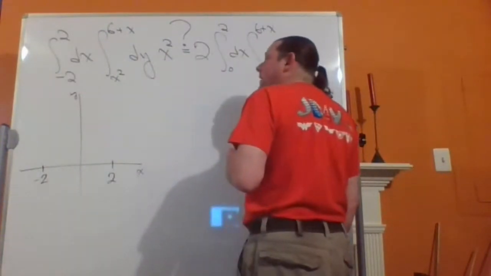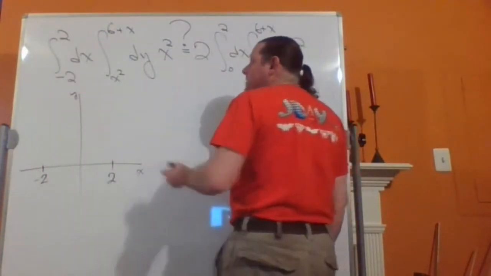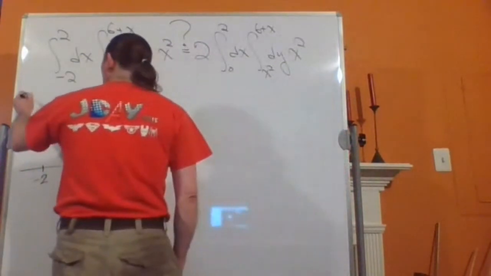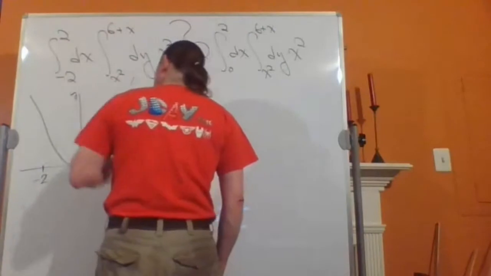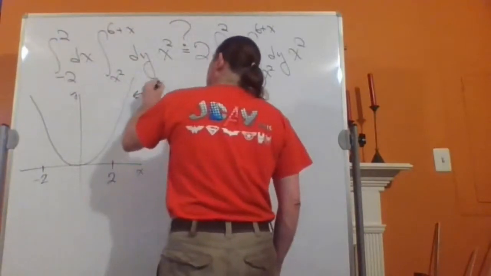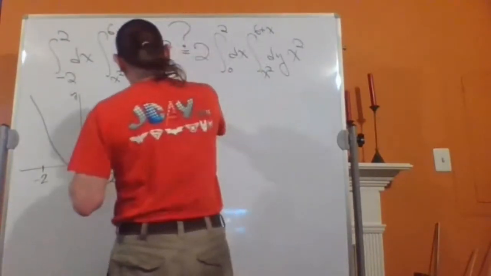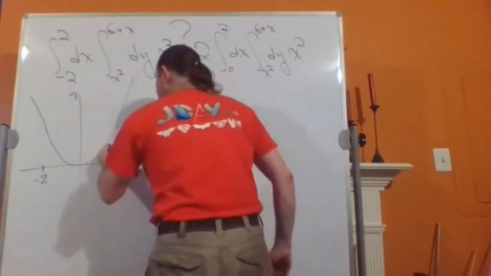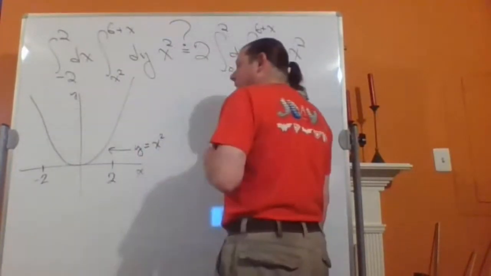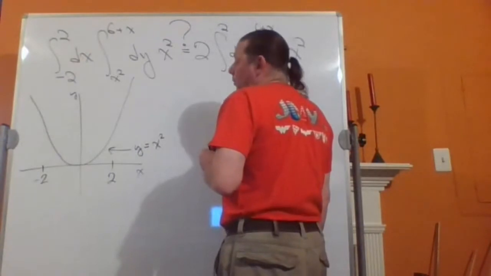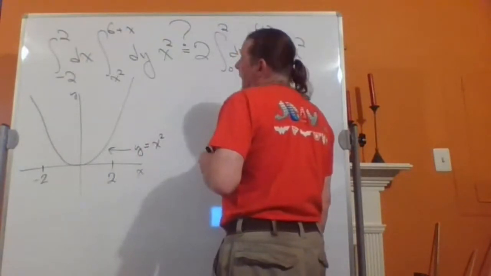and at a constant value of x, y is going from x squared, which looks like this, up to 6 plus x. All right, what does 6 plus x look like?